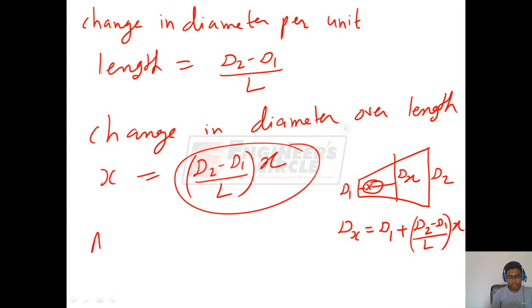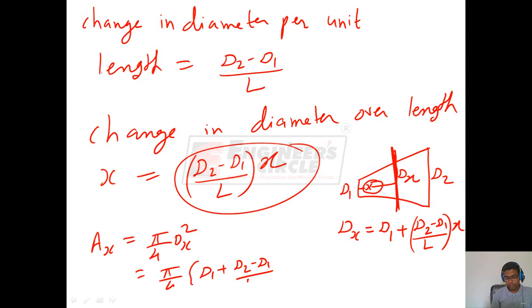Therefore, we get area Ax of this cross section, that is cross section at any distance x, as equal to pi by 4 dx square, which will be equal to pi by 4 into (d1 plus (d2 minus d1) by L into x) whole square.